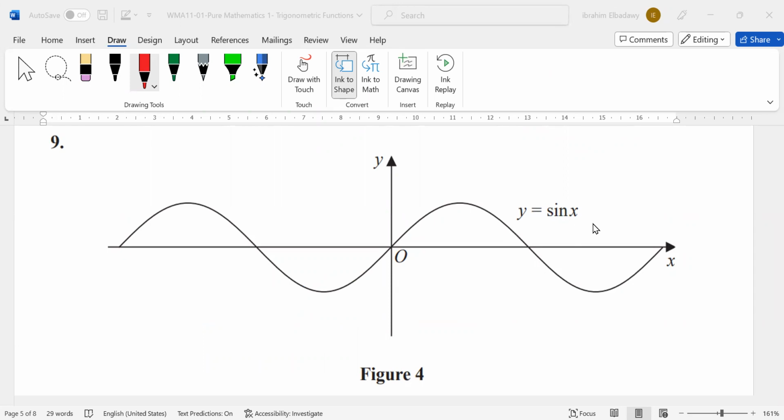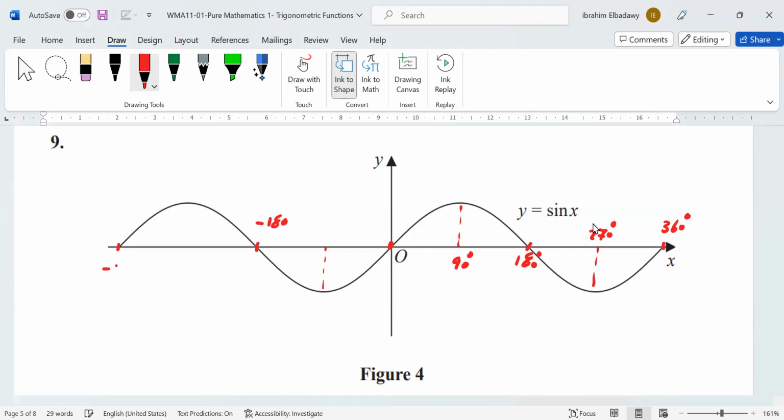Normal sine means this value is 0, this value is 90 degrees, this is 180 degrees, here 270 degrees, here 360 degrees. And the same here, negative 90, negative 180, negative 360 degrees. This is the value of the angle.